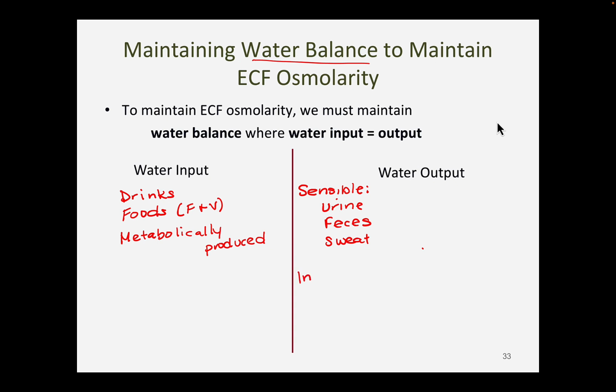We also have what we call our insensible losses, which are losses that we're not always aware of. So this is the water we lose through our lungs every time we breathe, and the water that we're losing from our skin even when we're not visibly sweating. So let's start by going through our water inputs first, and then we'll talk about the outputs and water balance.